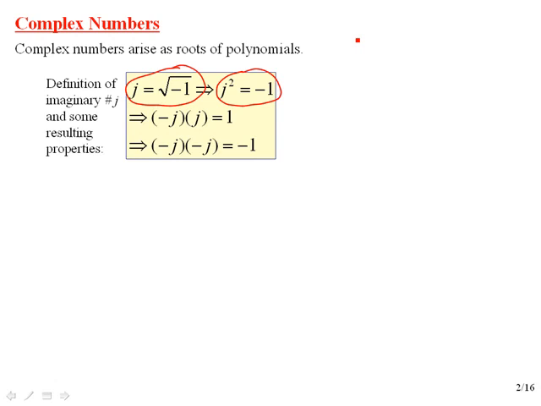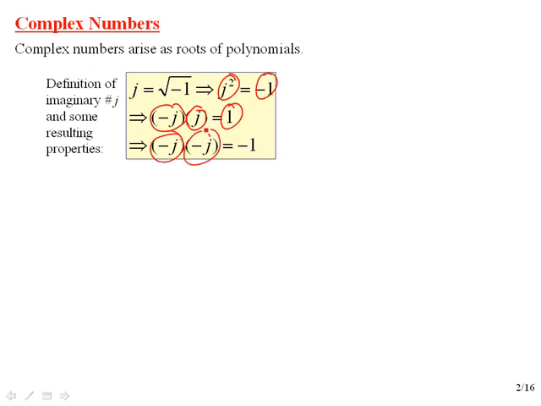So with this definition that j is equal to the square root of minus 1, or equivalently that j squared is equal to minus 1, we then can get that a minus j times a j gives us a minus j squared. So if j squared is minus 1, a minus j squared must be plus 1. And likewise, minus j times minus j.